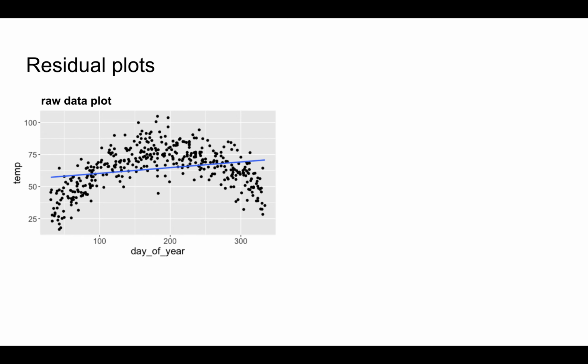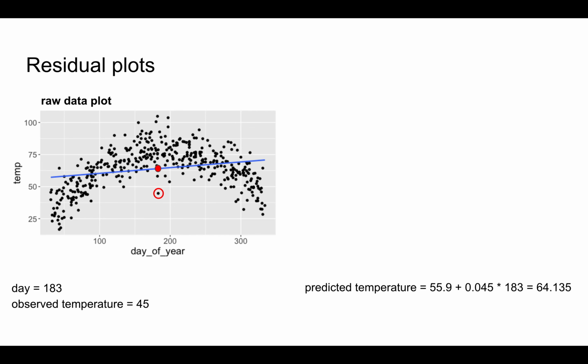First, consider one data point in our raw data plot. On this 183rd day of the year, we observed a temperature of 45 degrees. Yet we would have predicted a temperature of 64 degrees. Thus, the residual, or the prediction error, indicates that the temp we observed was 19 degrees below what we'd expect.